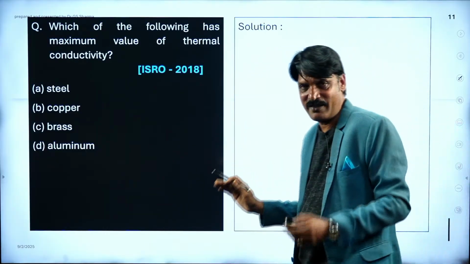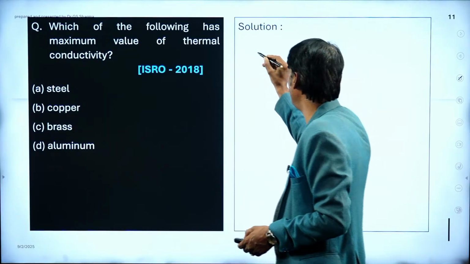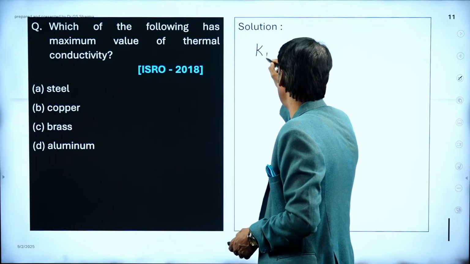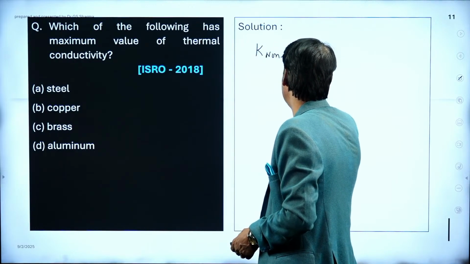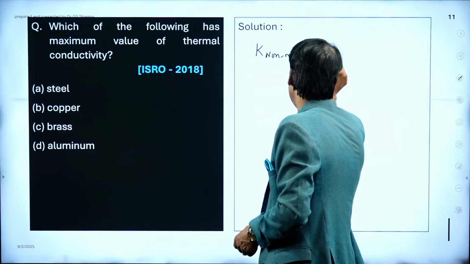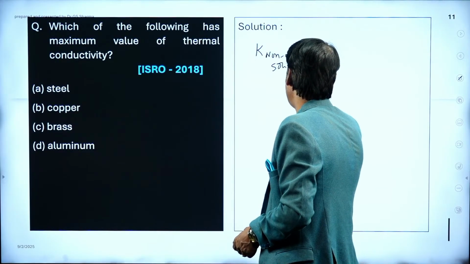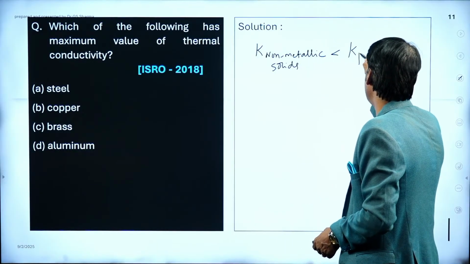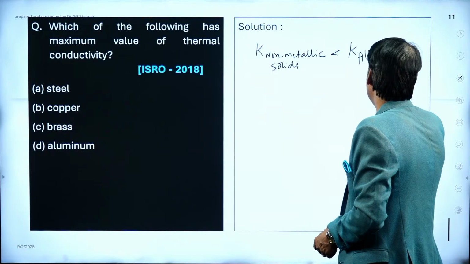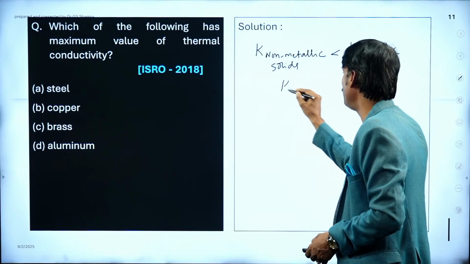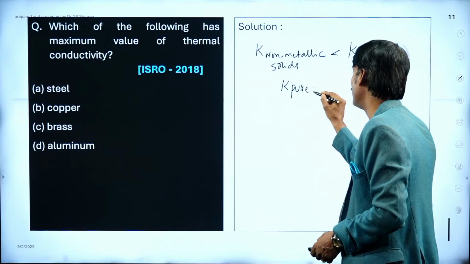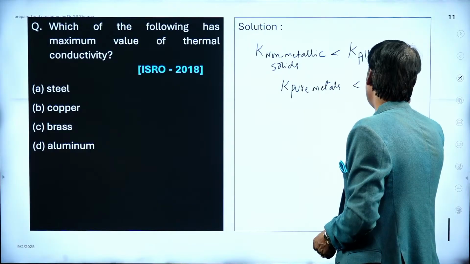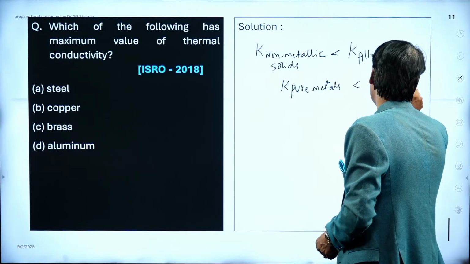If you have given solids, you clearly note that thermal conductivity of non-metallic solids, amorphous we call it, is less than thermal conductivity of alloys, is less than thermal conductivity of pure metals, is less than thermal conductivity of crystal structures.